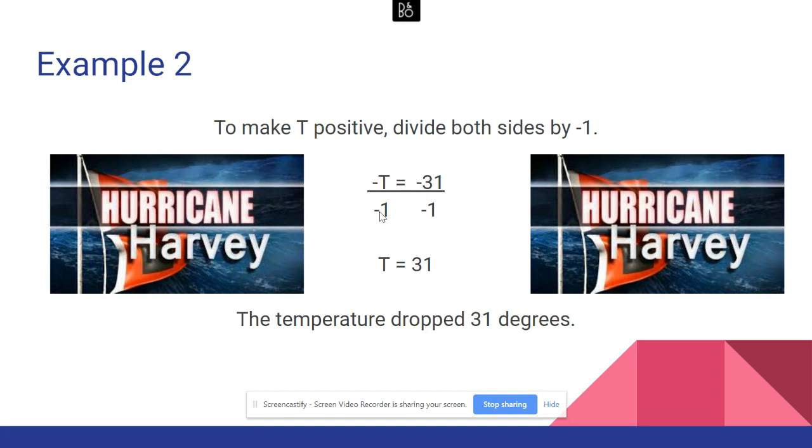Negative 1 divided by negative 1 is 1. 1t is the same as t. Negative 31 divided by negative 1 is a positive 31. So we know that the temperature dropped 31 degrees.